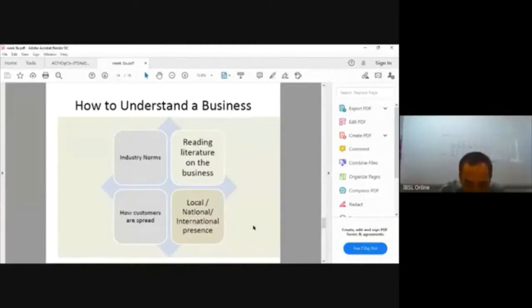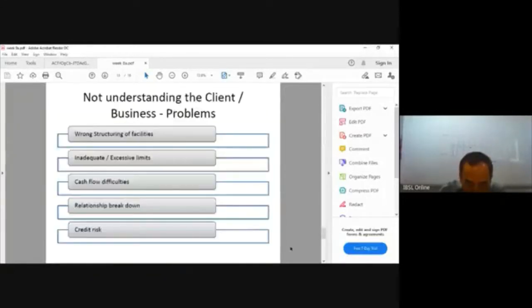And then what problems you will come across if you don't really understand the client and you just go and do a name lending, or just trust the customer's word and do a lending. The problems you will be faced with, all that we have discussed.